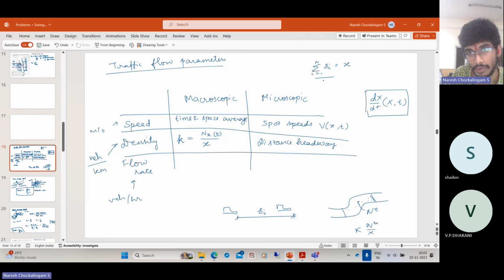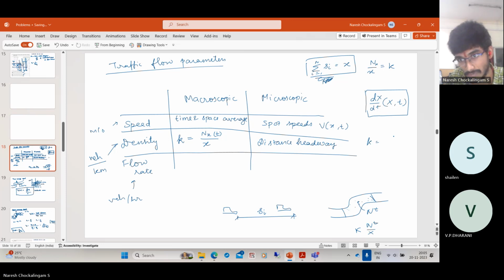If you divide it by n, that is equal to x by n. Now consider what n by x is: it is the density. The number of vehicles in the given stretch divided by the length of the stretch itself.